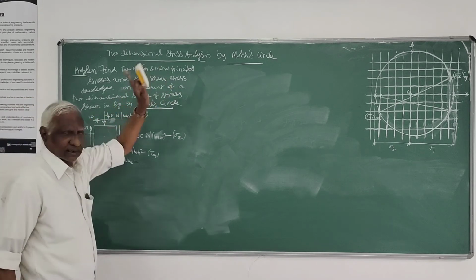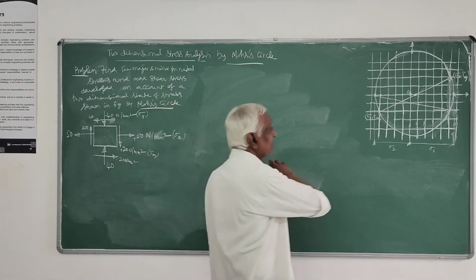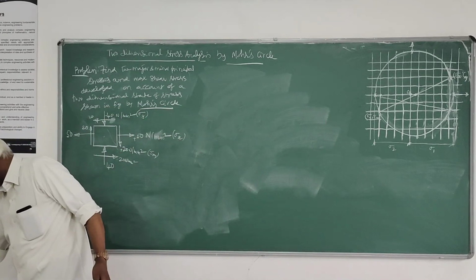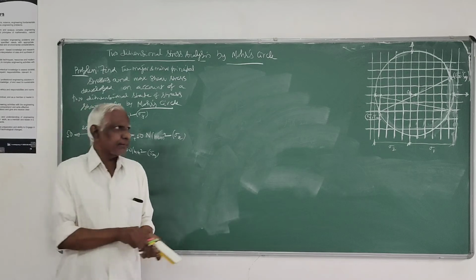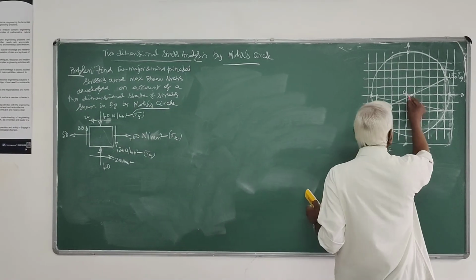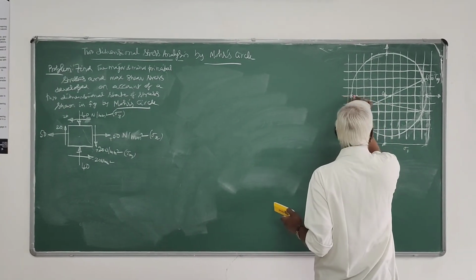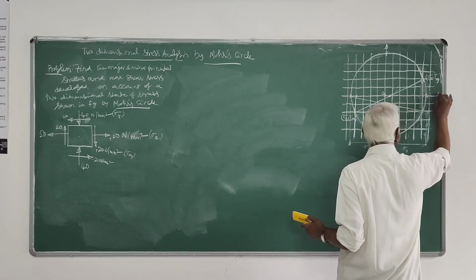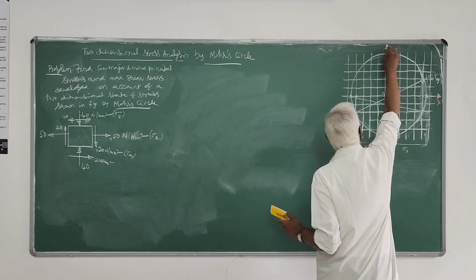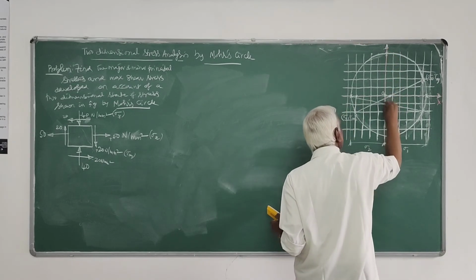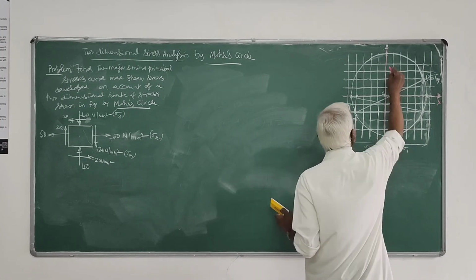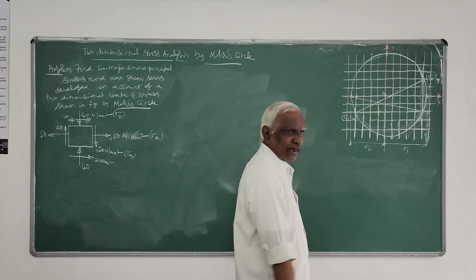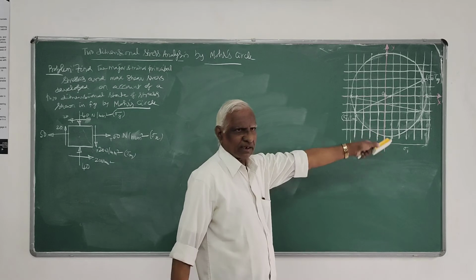Now, in Mohr circle, what we do is, we select a Cartesian coordinate system. Cartesian coordinate system means a two-dimensional state of stress. We take an x-axis, horizontal axis, and another y-axis, vertical axis. We take two coordinate axes on a graph sheet. Here I have a typical graph sheet.